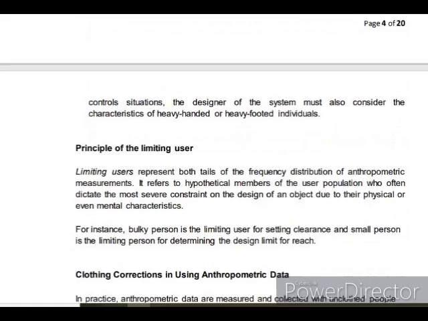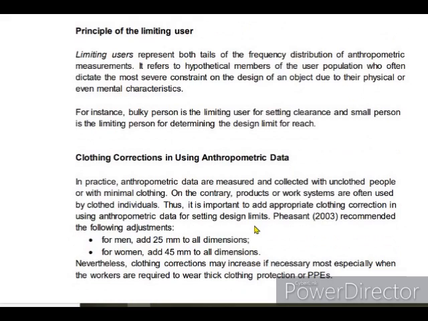Next, principle of limiting user. Limiting users represent both tails of the frequency distribution of anthropometric measurement. What do we mean by limiting users? They are the users that fall on the limits. That's why the tails of the frequency distribution are mentioned here.